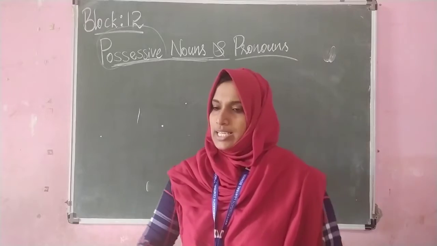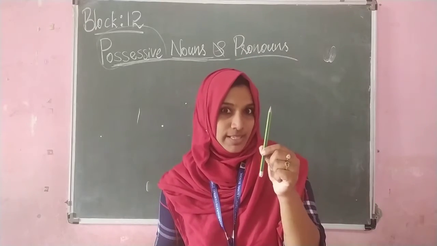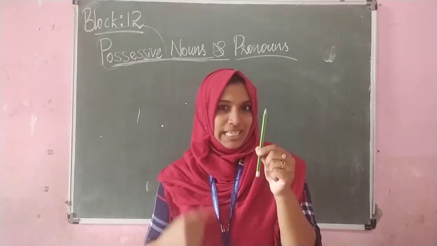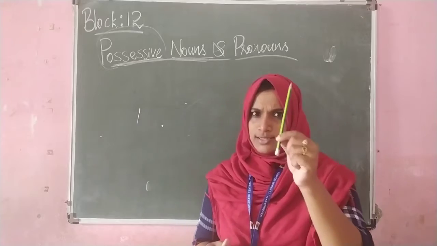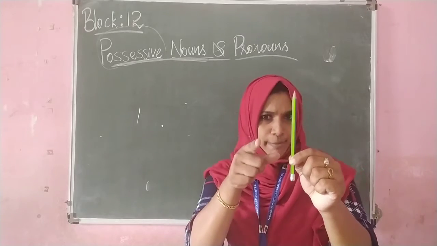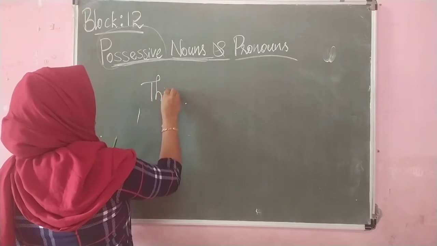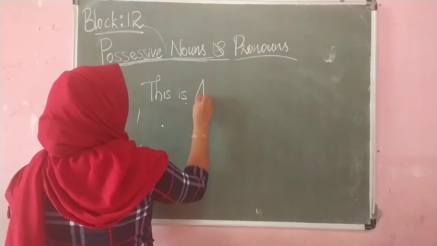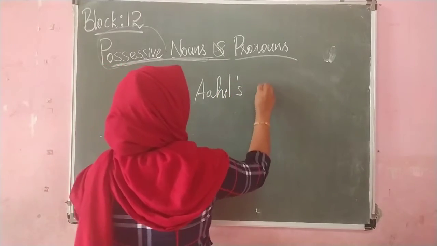For example, this is one pencil and this is my son's pencil. His name is Ahil. So ma'am can say, this is Ahil's pencil.